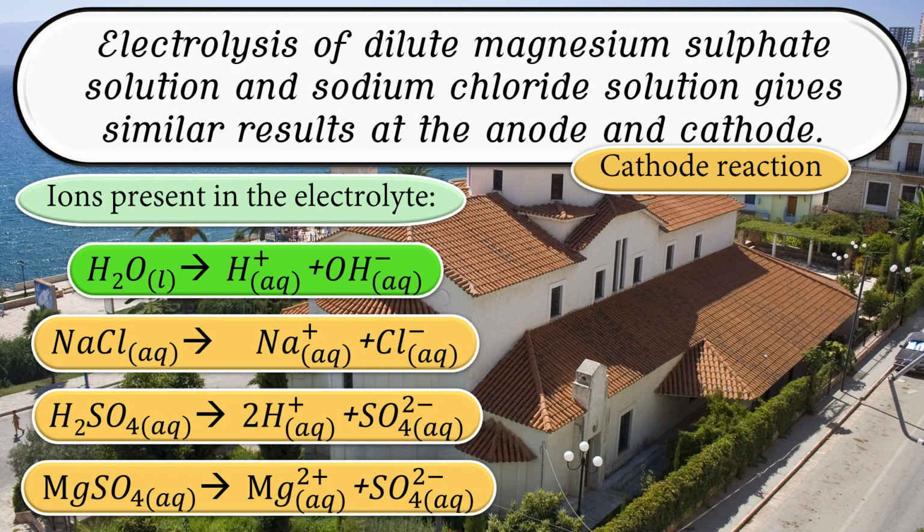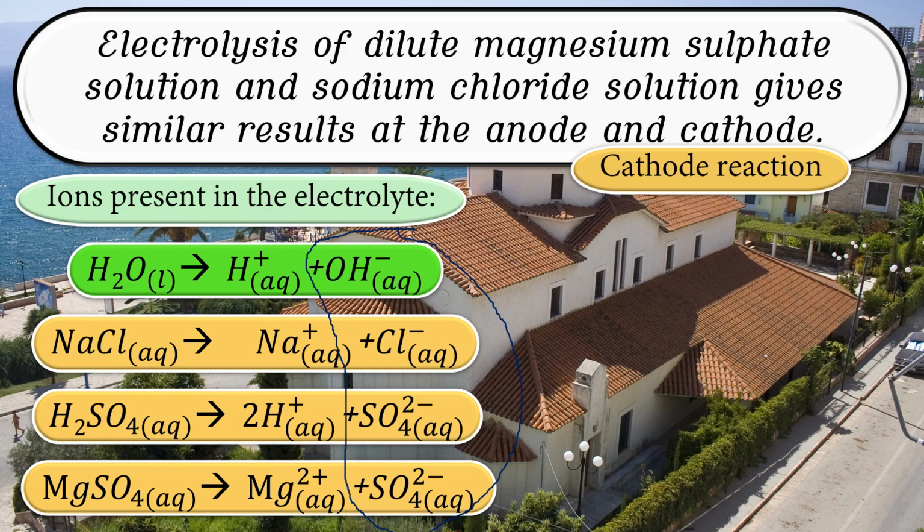So here we are saying that at the cathode, what is going to go there? We are going to have the negatively charged ions, all these negatively charged ions, moving to the anode.